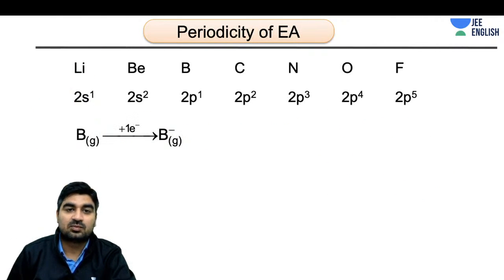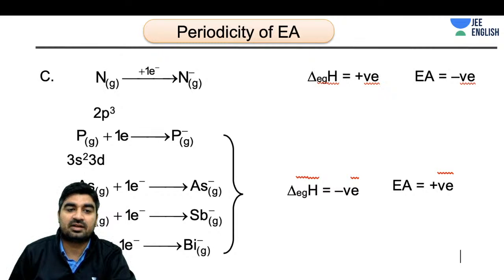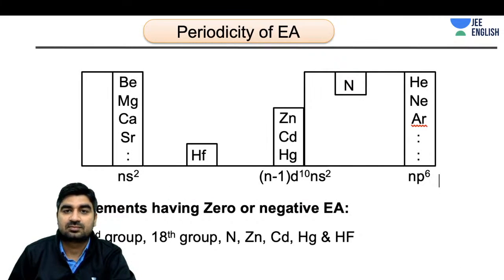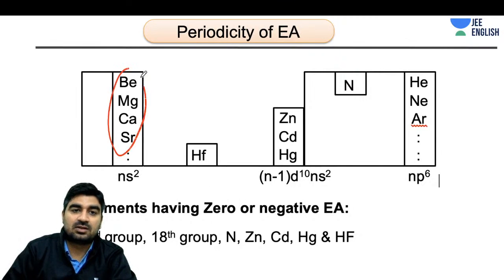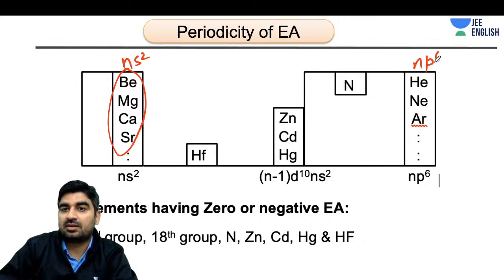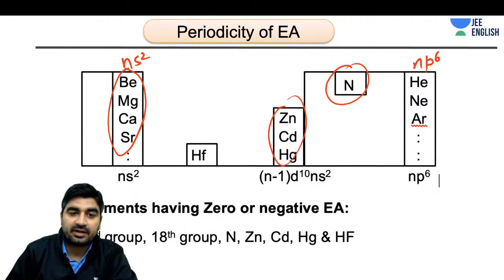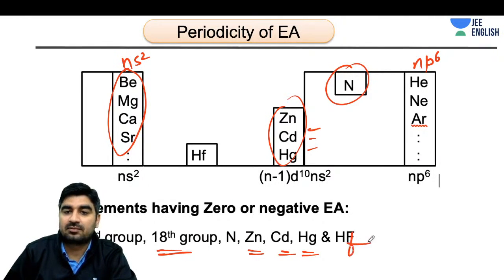So what are the elements which have a positive electron gain enthalpy? Now I will show you in the periodic table. This, np6, nitrogen and these. So the second group, 18th group, zinc, cadmium, mercury and hafnium and nitrogen.